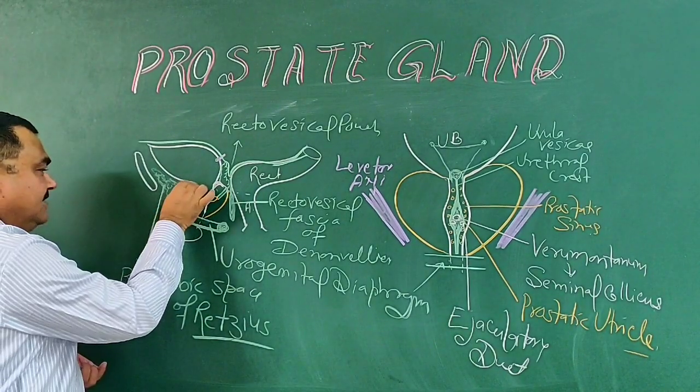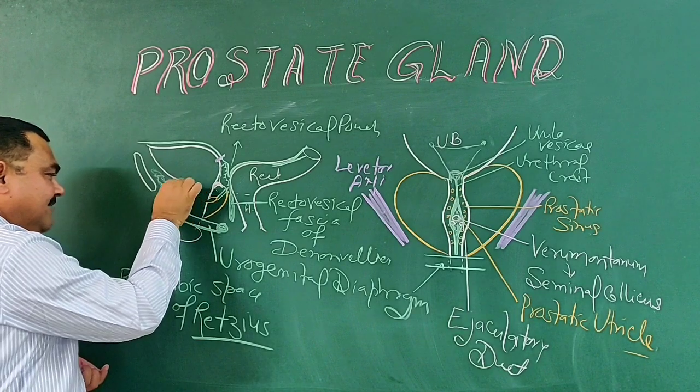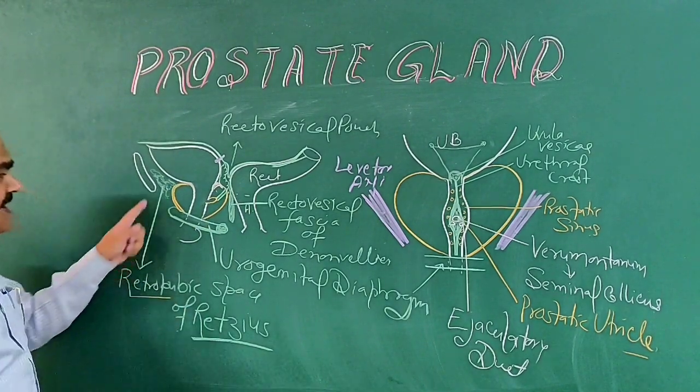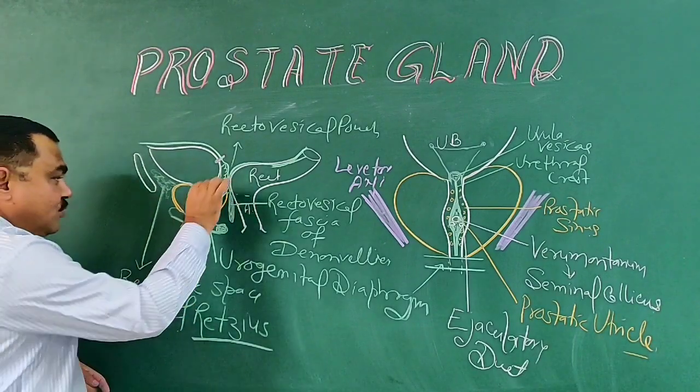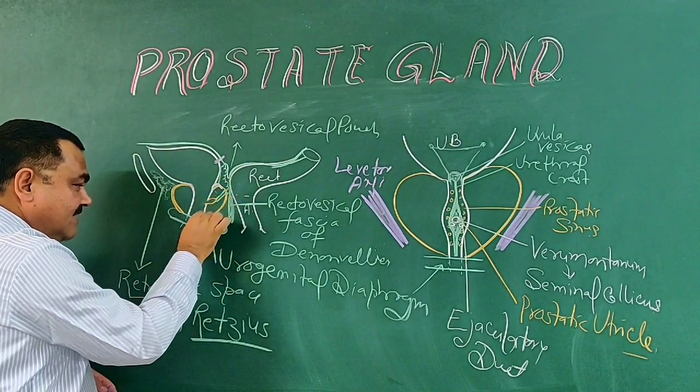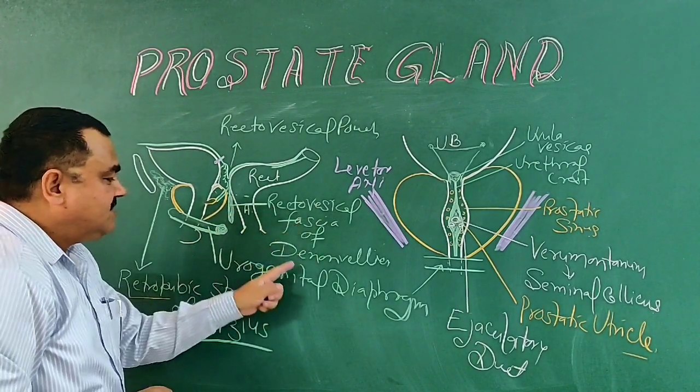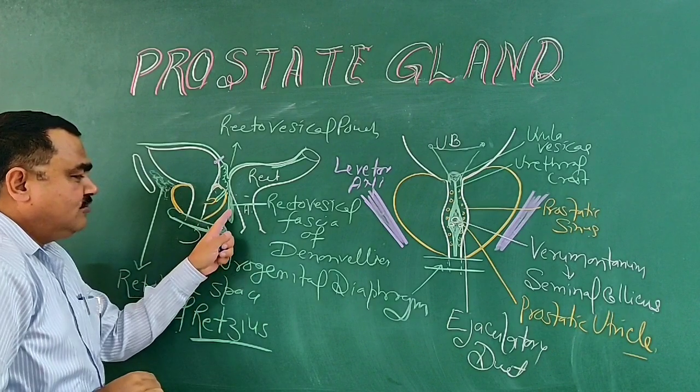It has an anterior surface, which is related to the retropubic space of Retzius. It has a posterior surface, which is related to the rectovesical fascia of Denonvilliers.